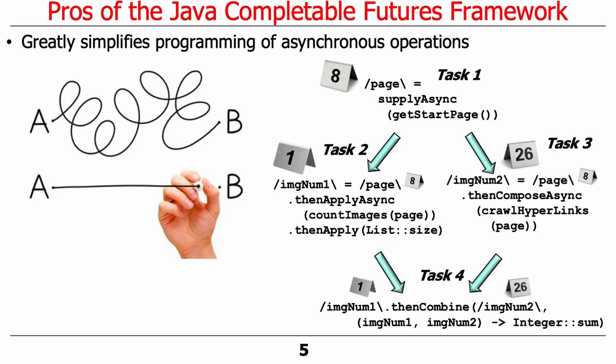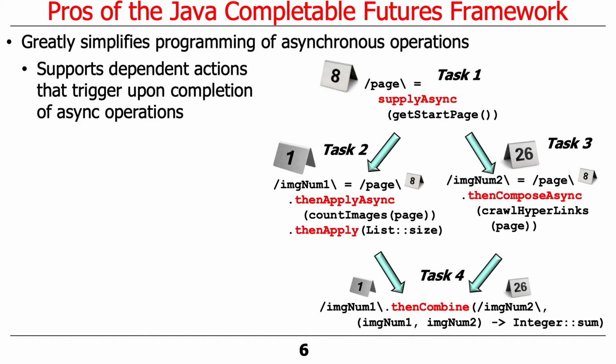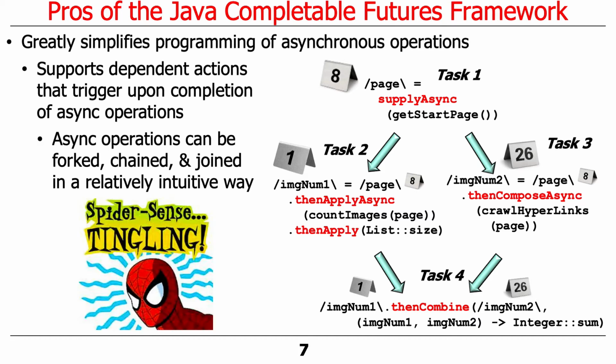Some of the things that the Completable Futures framework does really nicely is it greatly simplifies the programming of asynchronous operations. In particular, it supports the dependent actions that are triggered upon the completion of async operations. As you're seeing in the programming assignment, when things finish running, the dependent actions, the completion stage methods, are automatically invoked.